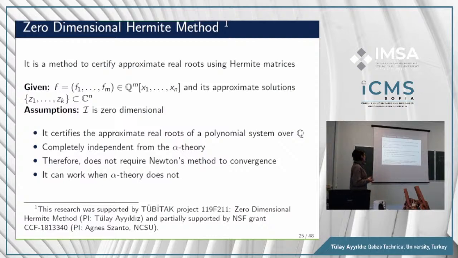And in this method, we have a polynomial system, and this system is given over rationals. This is mostly because the coefficients are floating point numbers, so we just convert them to rationals.